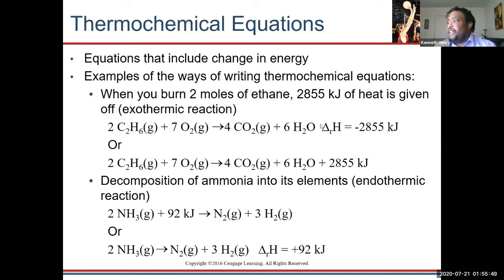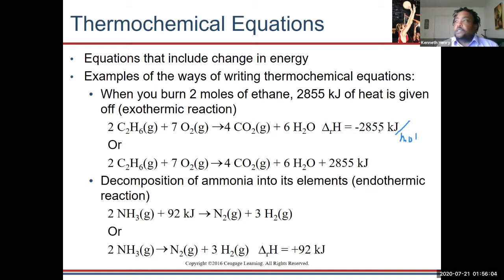And then the energy per mole, and I need to fix this slide, would be negative 2855. Actually, for 2 moles in this case. They tell us 2 moles.